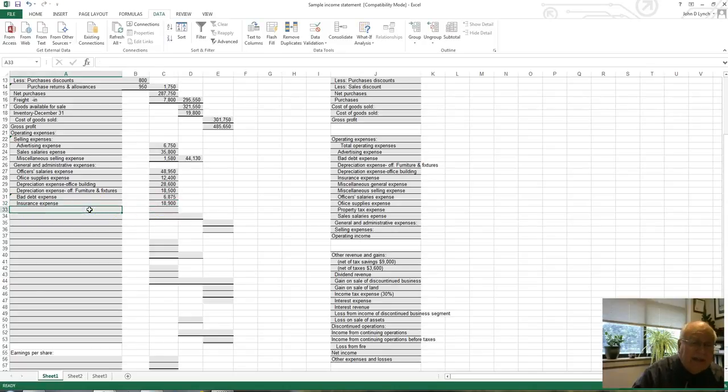After insurance, $18,900 for that one. Property tax expense, which I'll have in here as $27,800. And then of course the last one, always the last one, is the miscellaneous general expenses, which will be for $68.90.